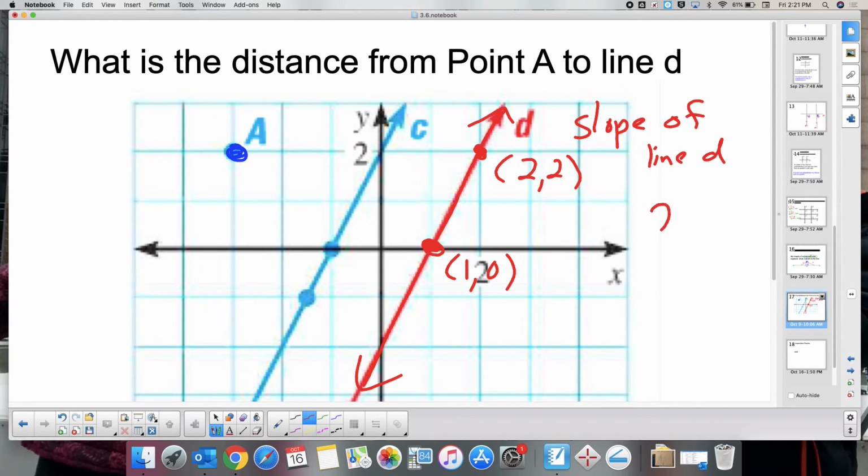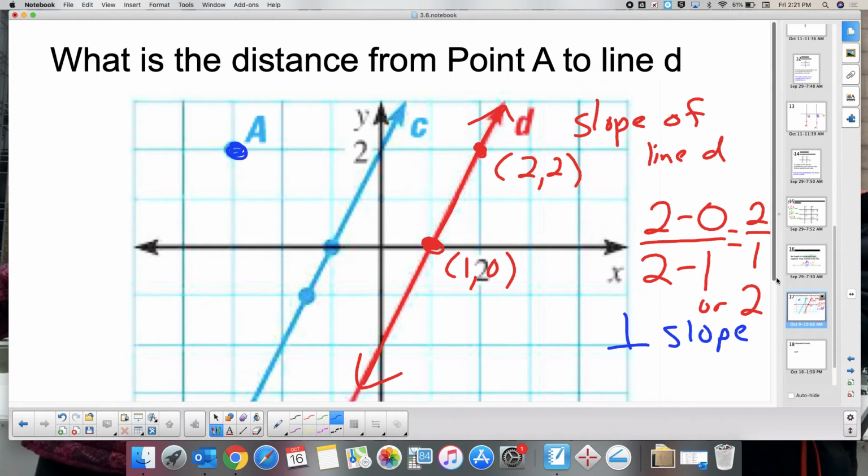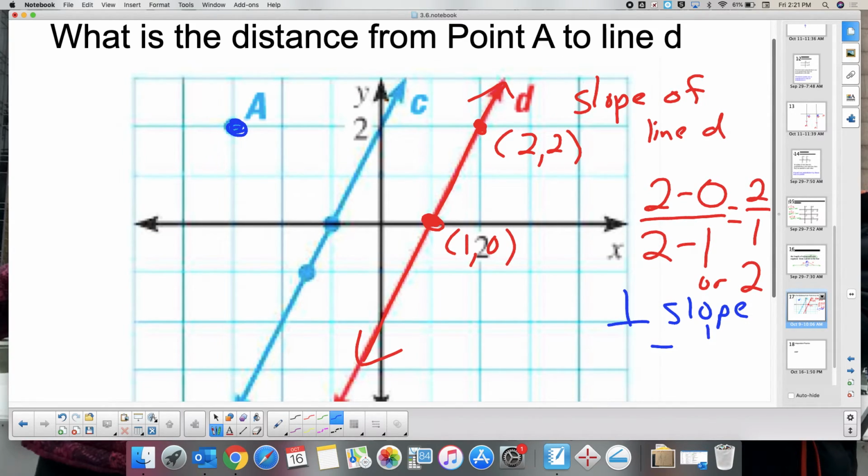So we have 2 minus 0 over 2 minus 1. So we get a slope of 2 over 1, or just 2. Your perpendicular slope, then, as we have talked about, must be the opposite reciprocal. So it must be a negative 1/2.